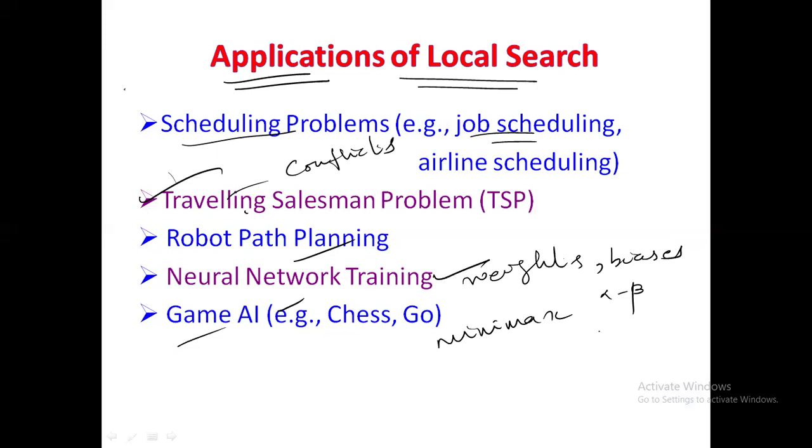It enables AI to evaluate multiple move sequences and select the most promising one to maximize its chance of winning. Local search techniques are powerful tools in real-world applications, offering efficient solutions in domains where exhaustive search methods are computationally impractical.